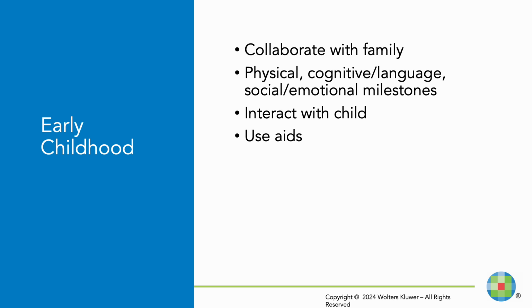Oftentimes, we will observe them, maybe putting them in an area where there are toys, where there are things that they can grasp, things that can catch their attention. While we're able to talk to the parent, we're now able to visually assess how that child interacts.